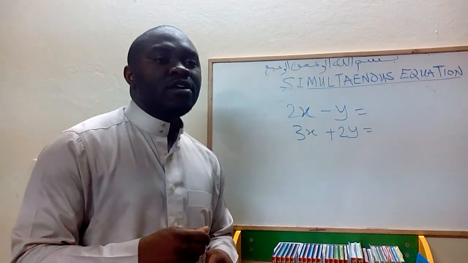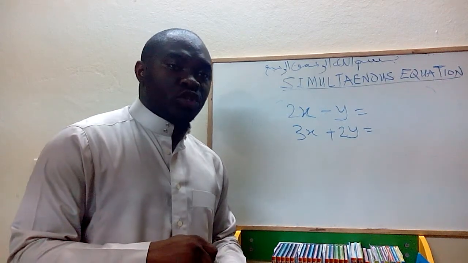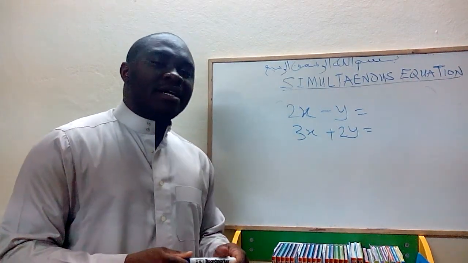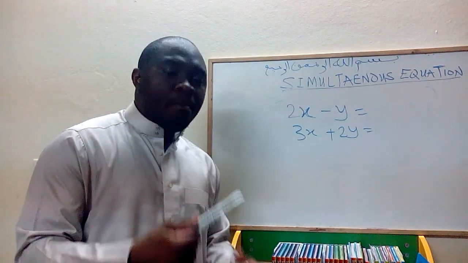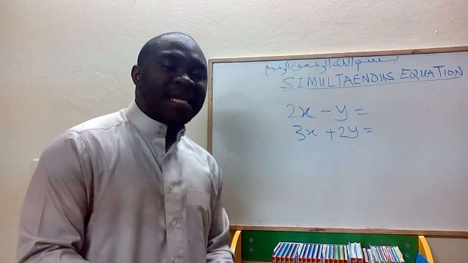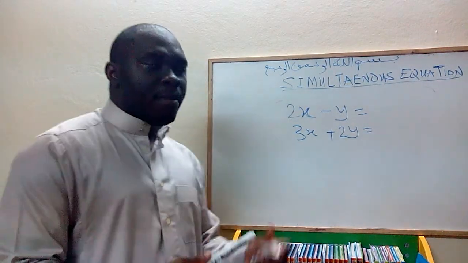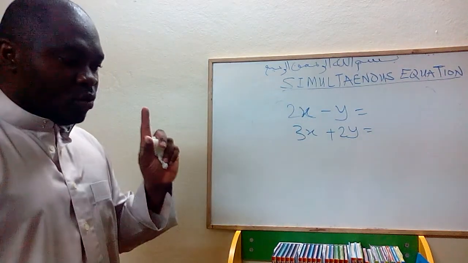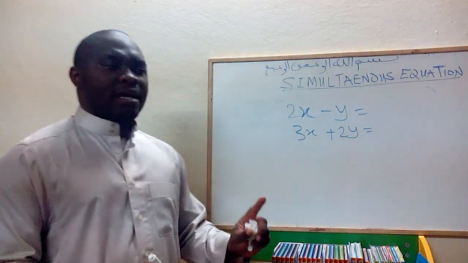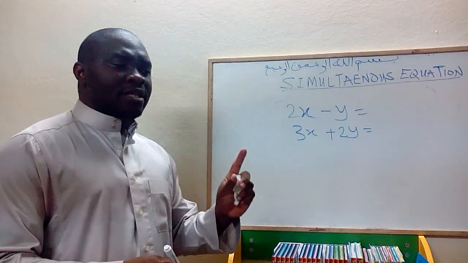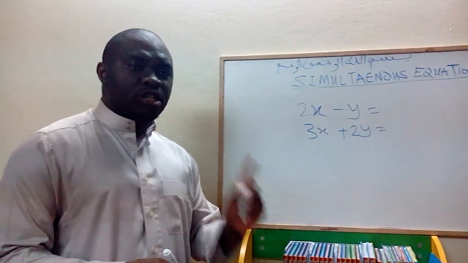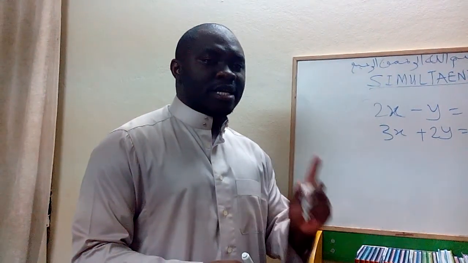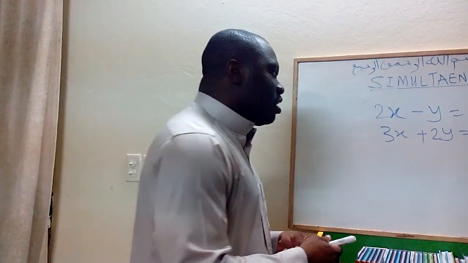So the solvability depends on the number of equations, which is also dependent on the number of variables. So importantly, we should note again that for a simultaneous equation, we need two equations, and it is an equation in two variables.